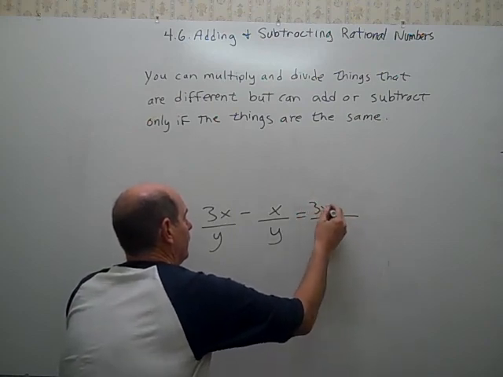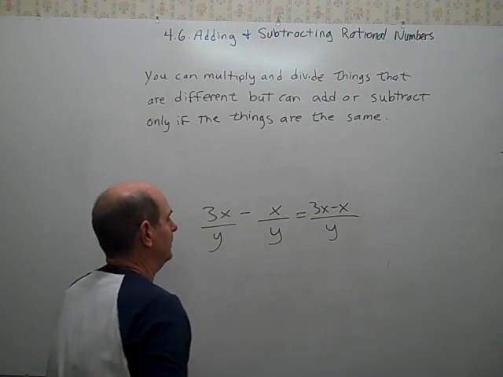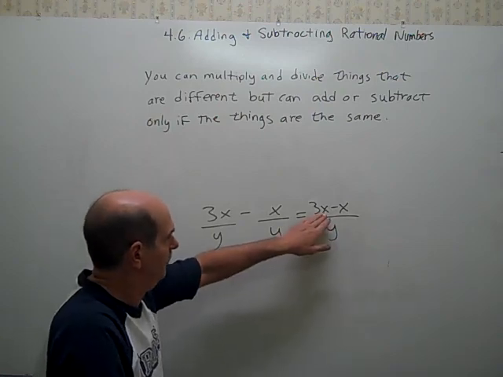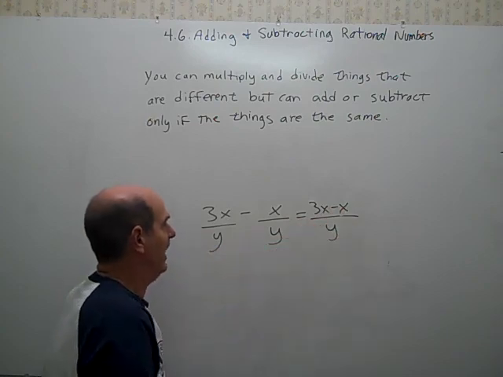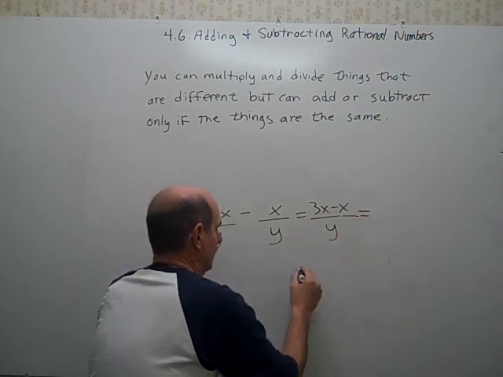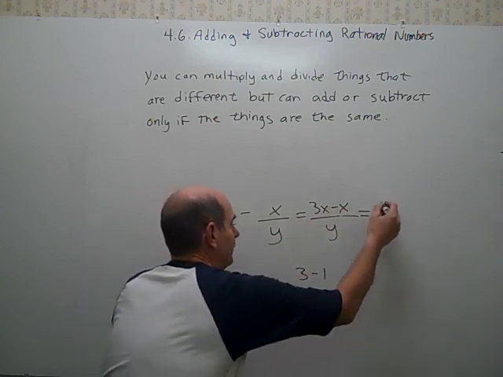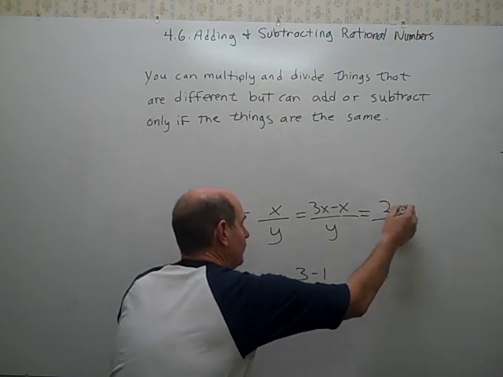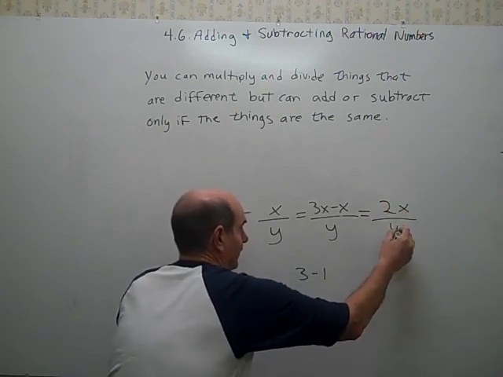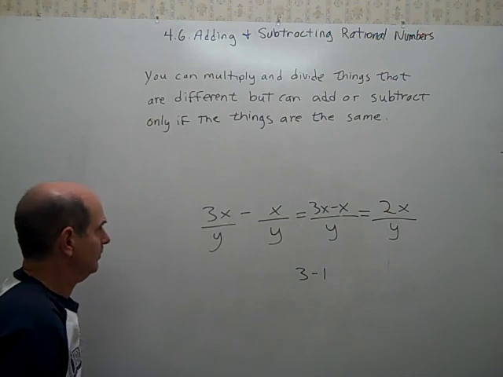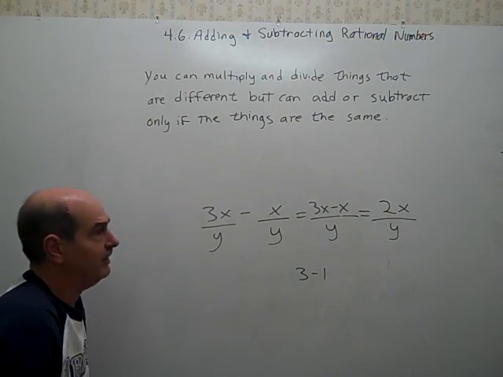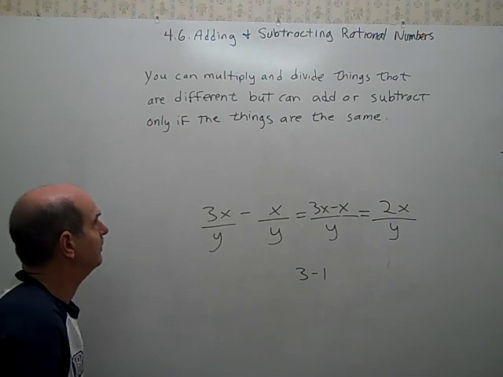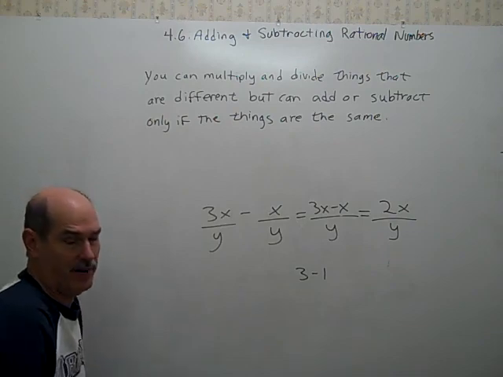But we're trying to do 3x minus an x. So if you have 3 x's here and you take away one of them, how many are left? 3 take away 1 would give us 2. That's 2 of x, whatever value x has. So this would be 2x over y. And that's a quick overview of adding and subtracting rational numbers.